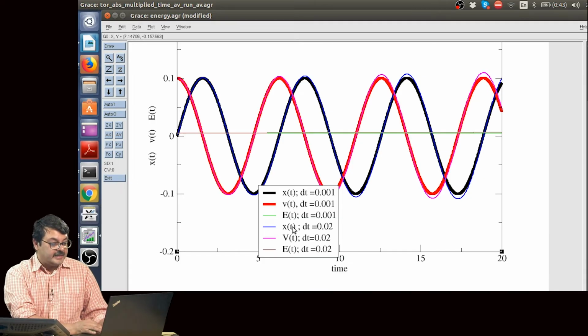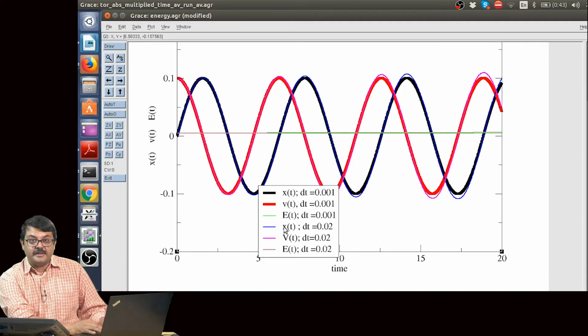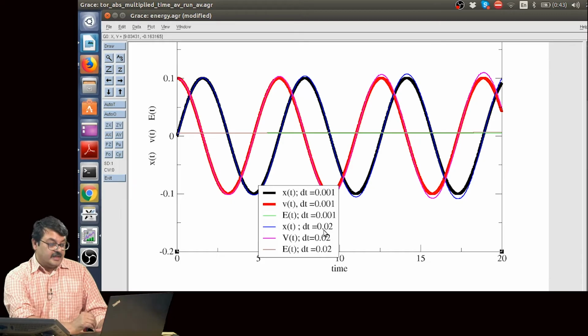Now, just for comparison, I have also done the Euler integration with h or dt equal to 0.02, which is much higher. And what do you see?